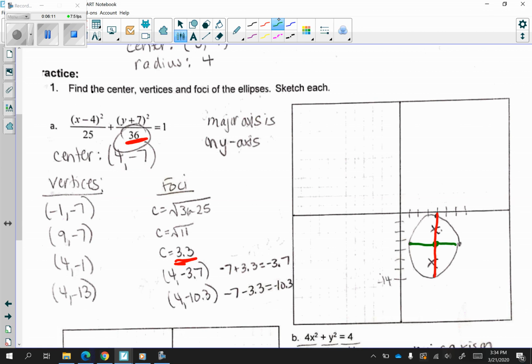So my x value of 4 stays the same, but I take my y value, which is -7, and I add 3.3 to get -3.7, and I subtract 3.3 from -7 to get -10.3. So my foci points are approximately here and here on the major axis, which is the y.